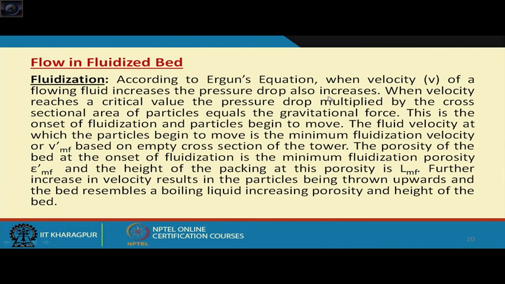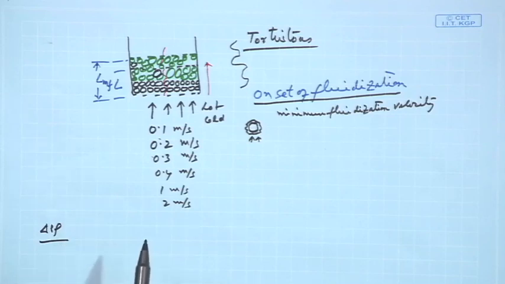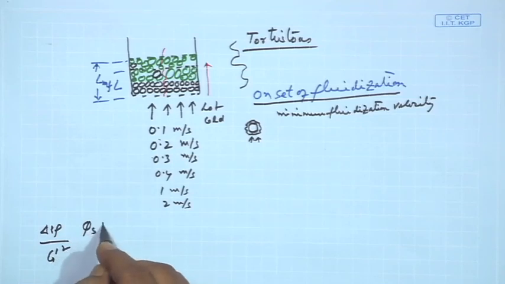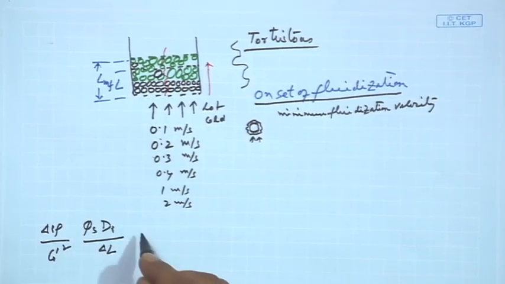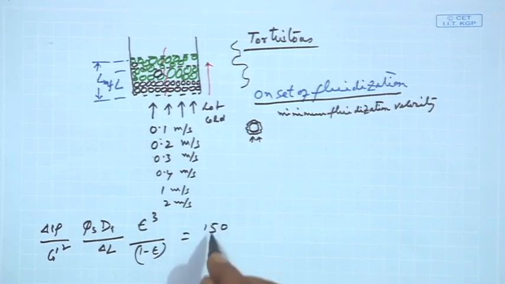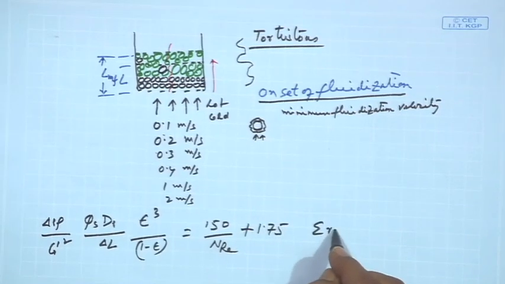You remember Ergun's equation, we had said it was delta P by rho, delta P by rho, G prime square, right, into phi s dp by delta L, epsilon cube by 1 minus epsilon, that was 150 by NRE plus 1.75. This was Ergun's equation.